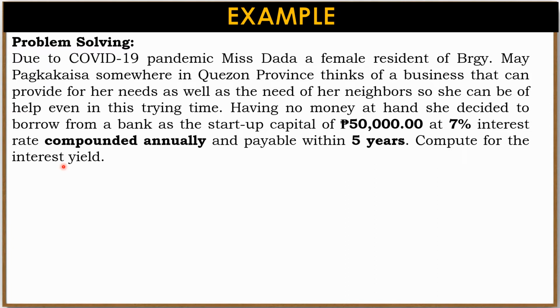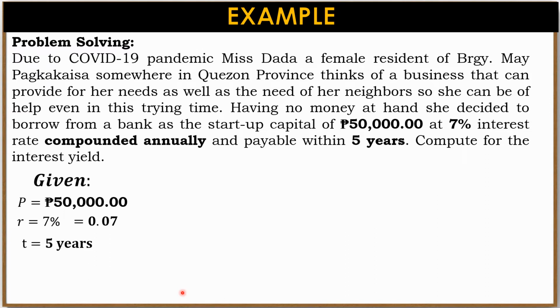Now let us identify here the given. The given here are, first, the principal amount or the starting capital that is equivalent to 50,000, and our interest rate compounded annually is 7%, or in decimal, 0.07, and our time or term is 5 years.